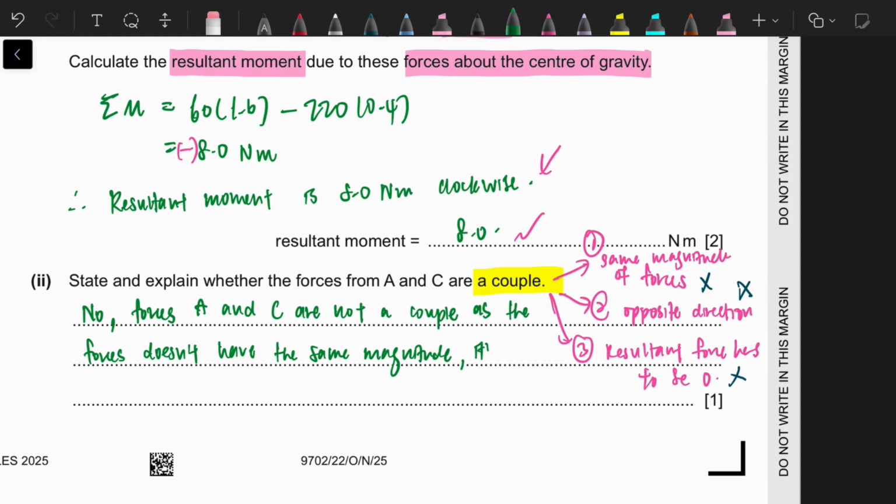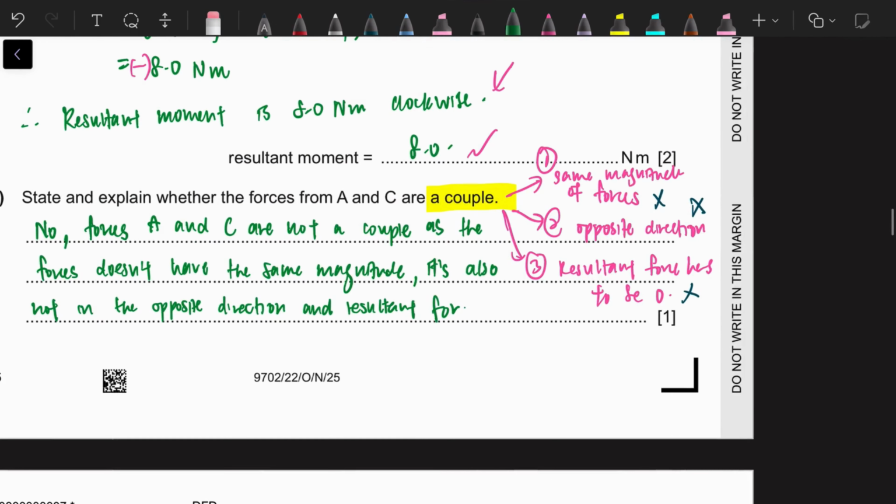They are also not in the opposite direction, and the resultant force is not 0. Why did I say that just now? Because not in opposite direction, you can't cancel each other for it to be 0.